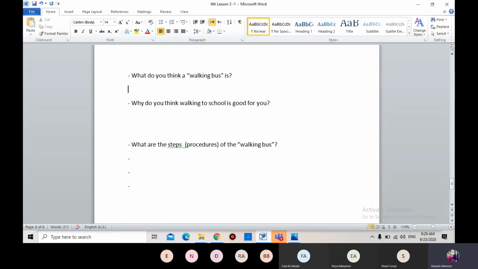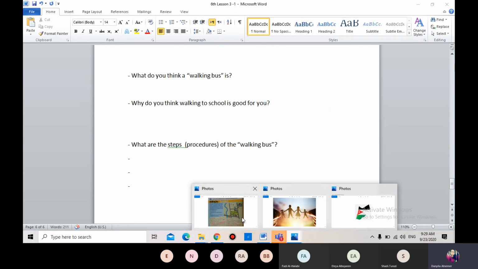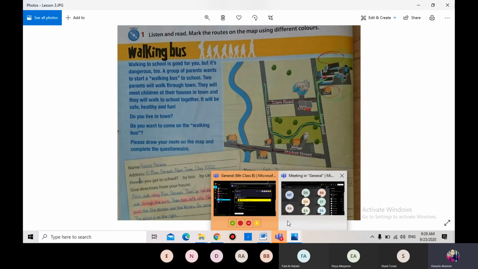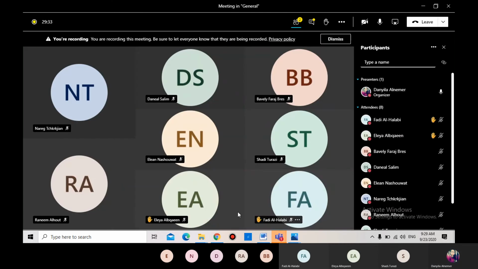Okay. Then, what are the steps or the procedures of the walking bus? What's the idea, again, of the walking bus? I mentioned it earlier. What are the steps? The parents, this group of parents, agreed on some steps. What are these steps? Anyone?